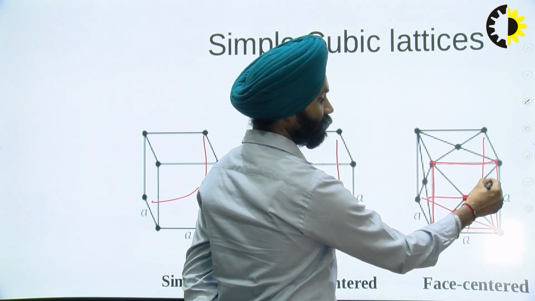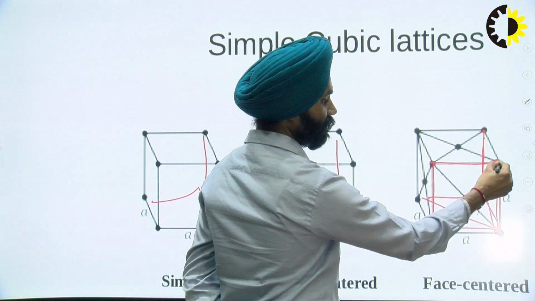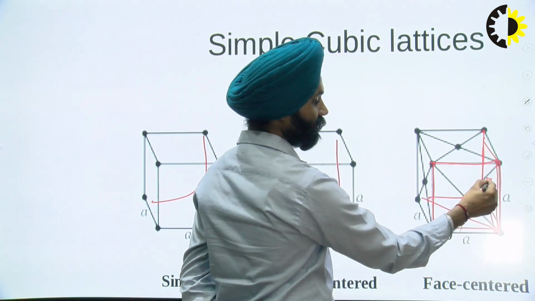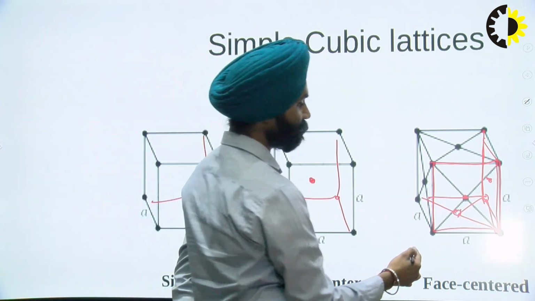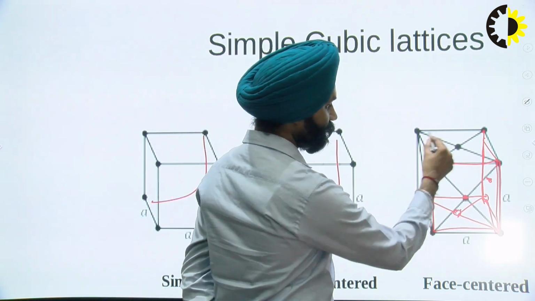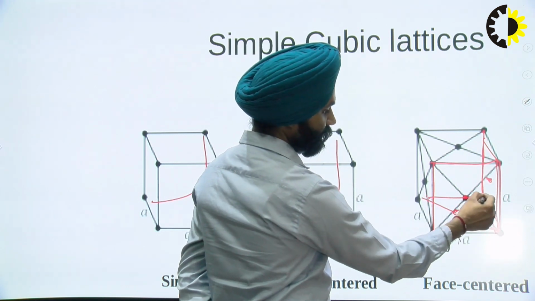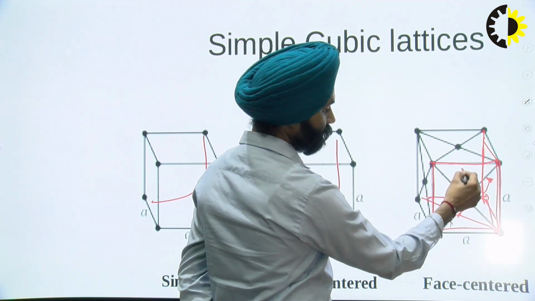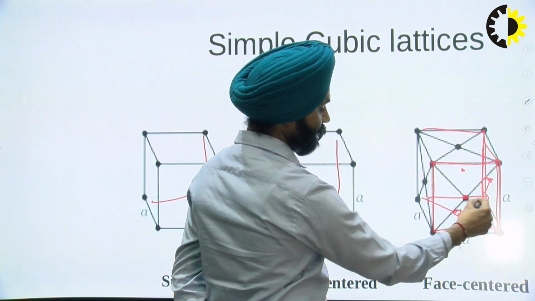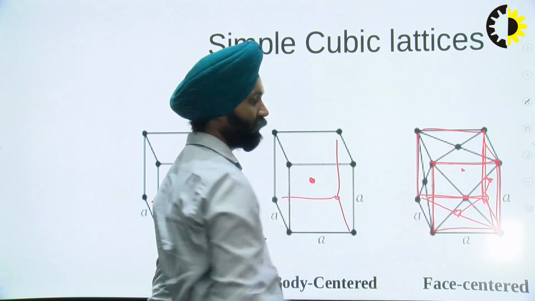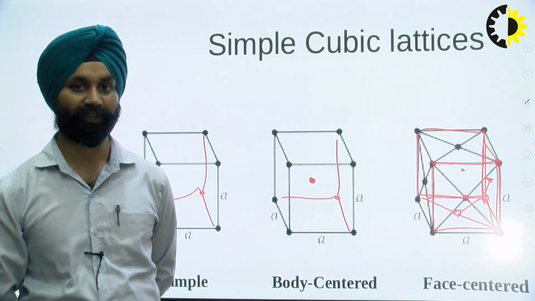This is one plane, and this is the one atom at the center of this plane. Another atom, which is behind this plane, will be here. This is the plane where the atom is present at the back of this box. So on each face there is one atom.